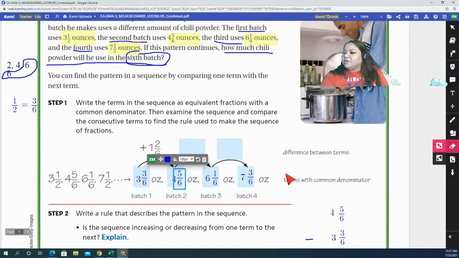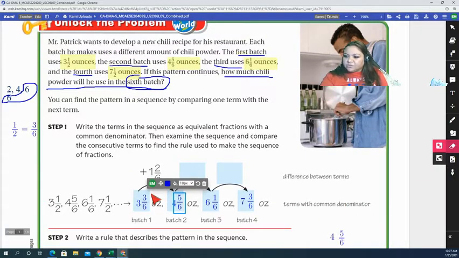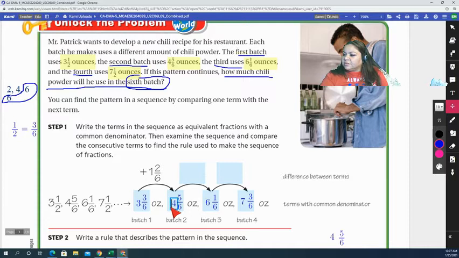it's increasing. So you could use a scratch paper and write it on the side. I'm going to go ahead and subtract. Why is it still holding that? Okay. I'm going to subtract 6 and 1/6 minus 4.